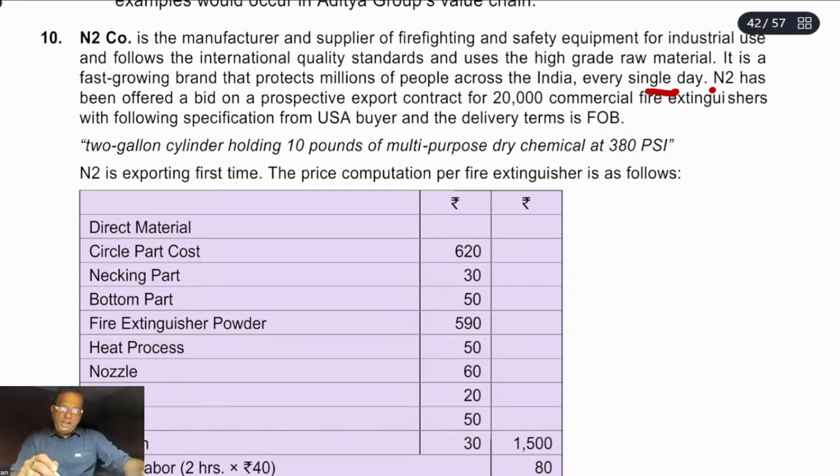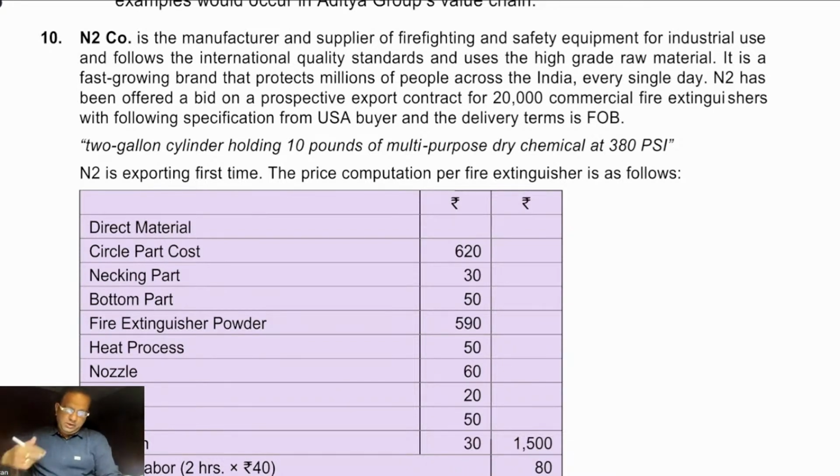N2 has offered a bid on a prospective export contract for 20,000 commercial fire extinguishers from a USA buyer, and the delivery term is FOB, free on board. So we have got an export order for 20,000 commercial fire extinguishers, and the buyer requires delivery free on board.